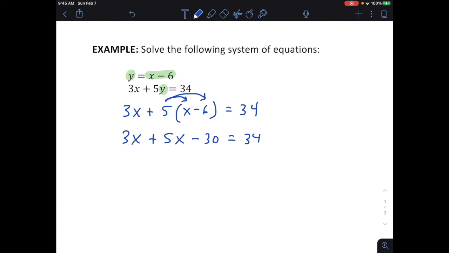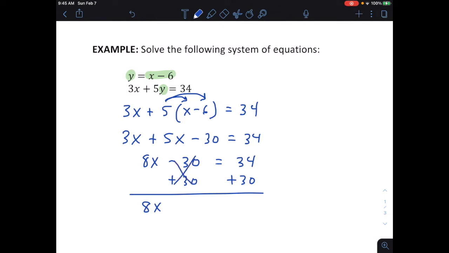So we have 8x minus 30 equals 34. And then just a two-step equation from here, we're going to add 30 to get x by itself. So bring down that x. The 30s cancel. So we end up with 64 over here. And then we'll divide by 8 to get x equals 8.